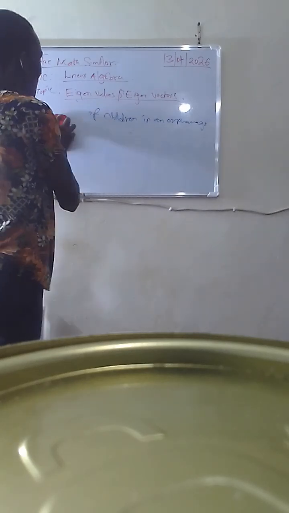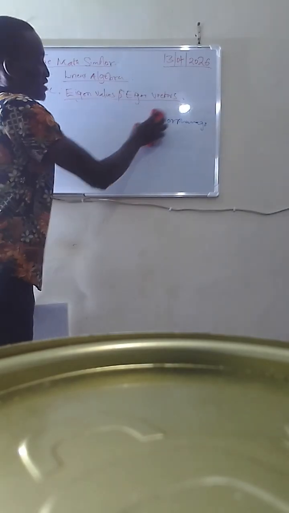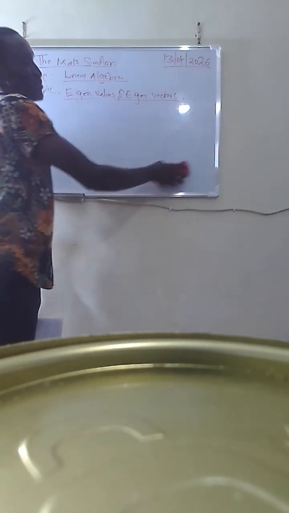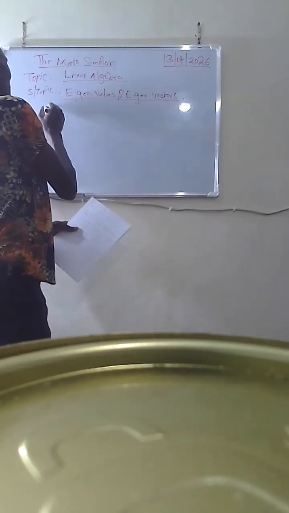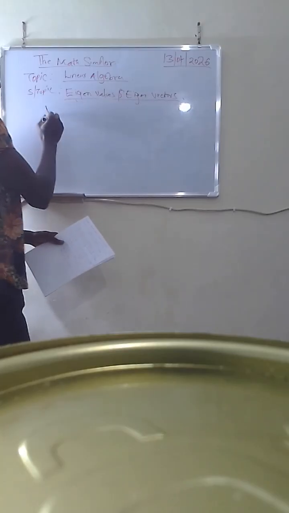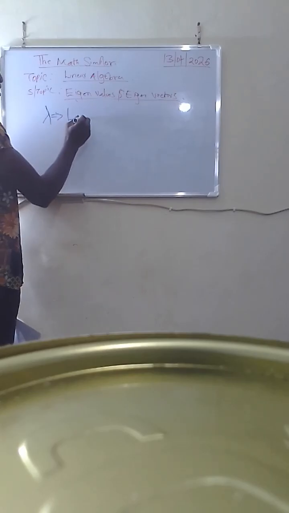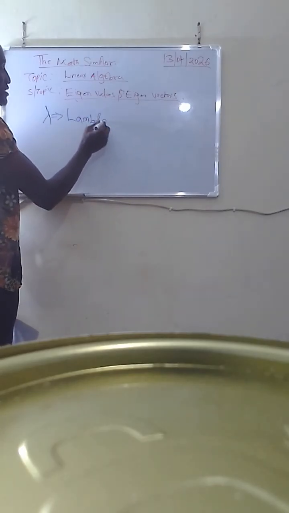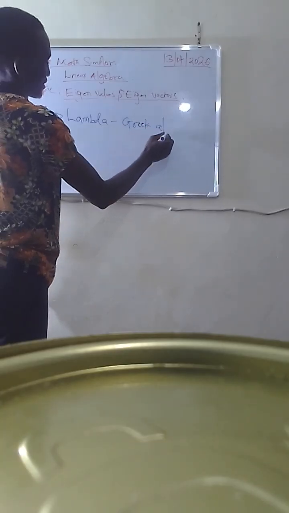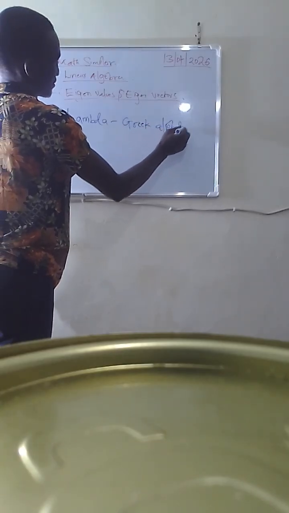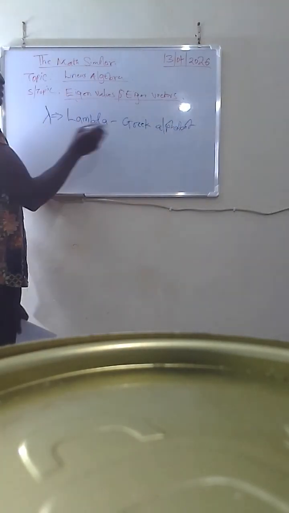Another thing we want to talk about is the eigenvectors. We've already introduced the eigenvalues, and it's just as simple. For example, by the way, this sign here is called lambda, and it is a Greek letter used to denote the eigenvalues.